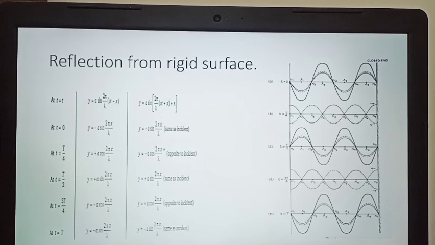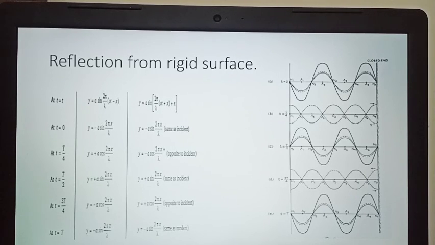Then we have the standing wave produced in a stretched string, which we discussed in the last class. In stretched string vibrations, both the ends are fixed, and when the wave reflects from either end, we have reflection from a rigid boundary.